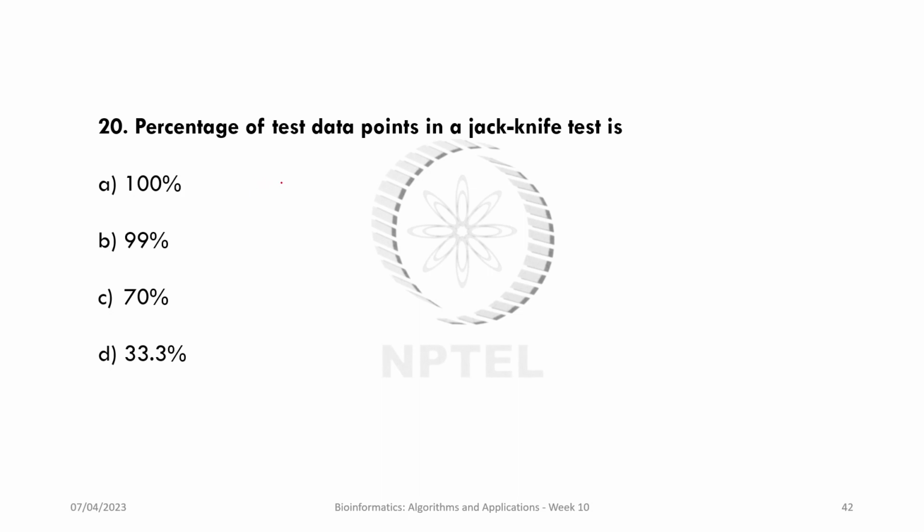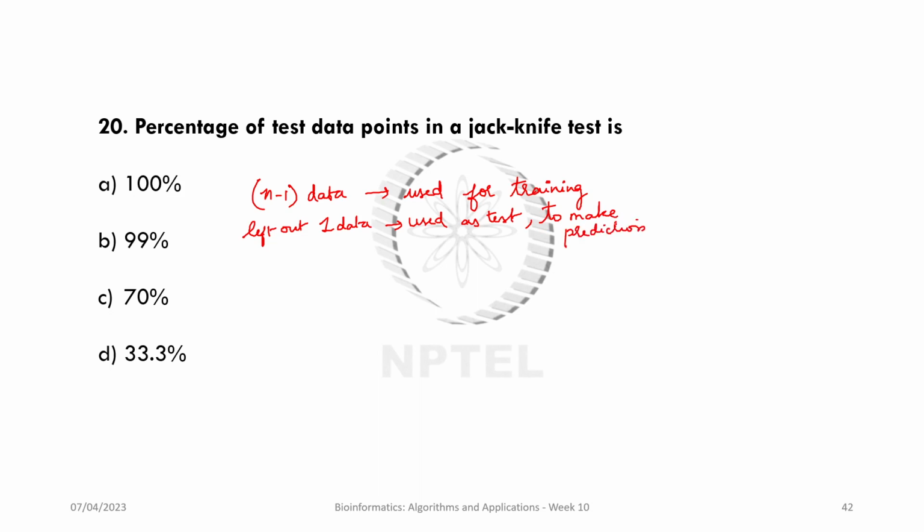So the jackknife test discussed during the lectures was with excluding one data for prediction or test, and using all the other data, n minus 1 data, used for training, which forms the training data set, and the left out one data is used as test or to make prediction. This is done n times.